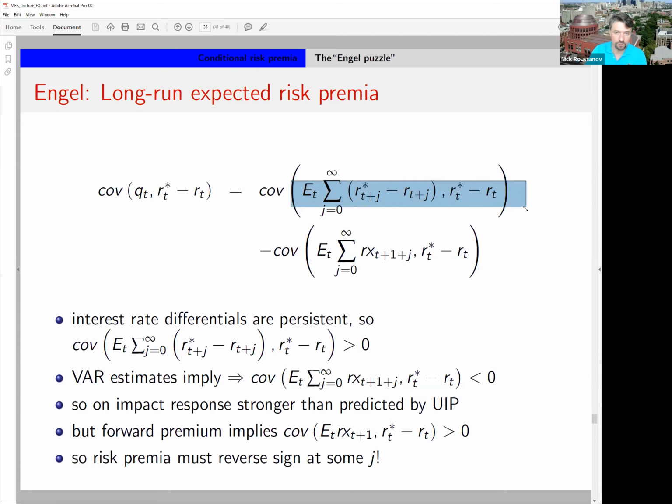It means that the covariance of interest rate differentials with future returns has to be negative. But that goes against all of our carry trade evidence, where we know that a positive interest rate differential today predicts positive returns tomorrow. So that means that at some point, these risk premia change sign. Otherwise, we cannot reconcile this risk premium evidence with the Engel evidence.